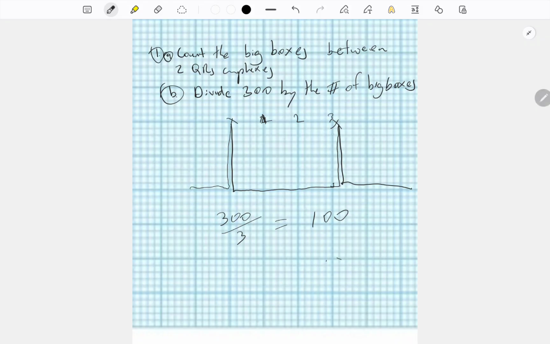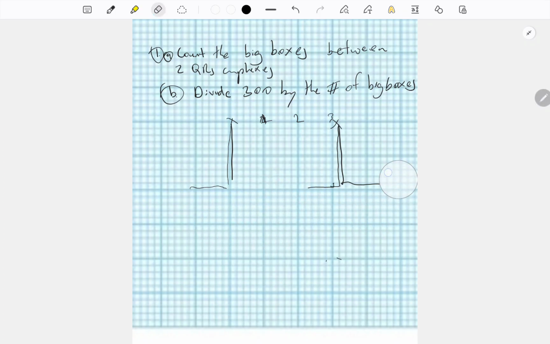It's actually a little bit slower than 100, so I could say that the heart rate is approximately 95 or something like that. So it's still good for reading ECGs at a glance, right? But when greater accuracy is required, then you can go ahead and use the small box method, right?